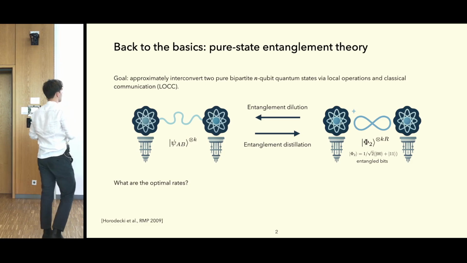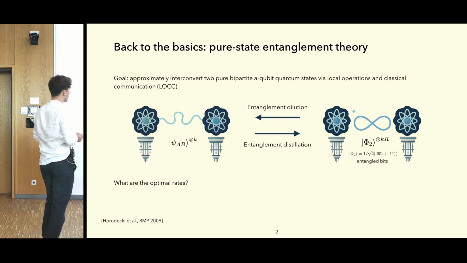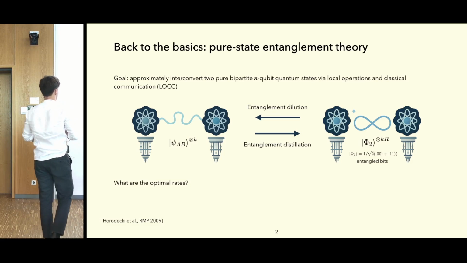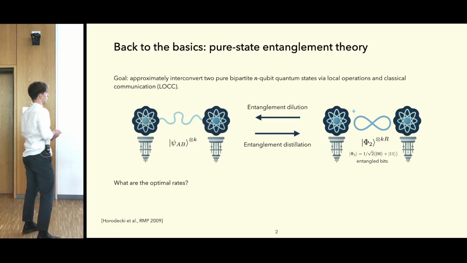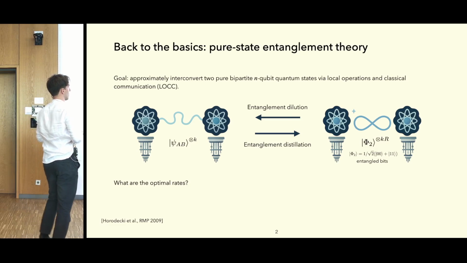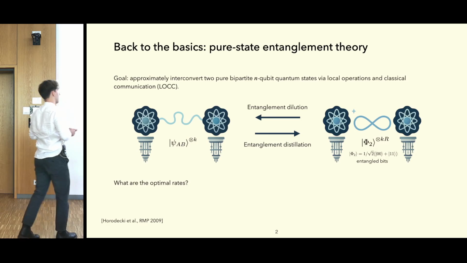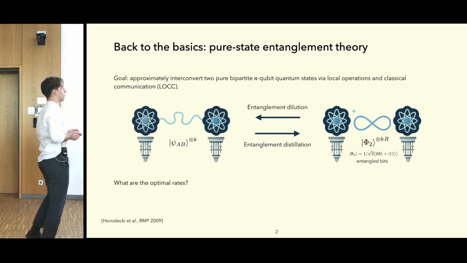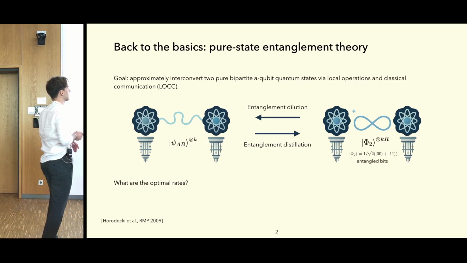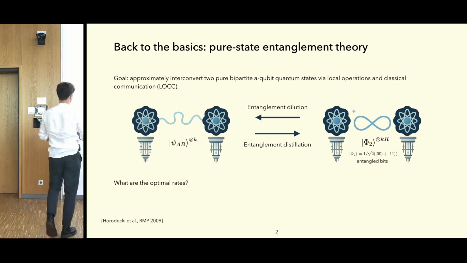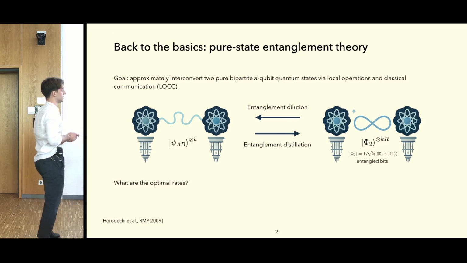So in this setting, we have two parties, Alice and Bob, who are distantly separated, and they share some entanglement in the form of pure states, and we can imagine that they have some IID copies of these states. Given the spatial separation, they can only perform a restricted class of operations, which are local operations on the subsystems and classical communication. The most useful form of entanglement is in the form of entangled bits, or E-bits, which can be useful for tasks like quantum teleportation, superdense coding, or quantum cryptographic applications.